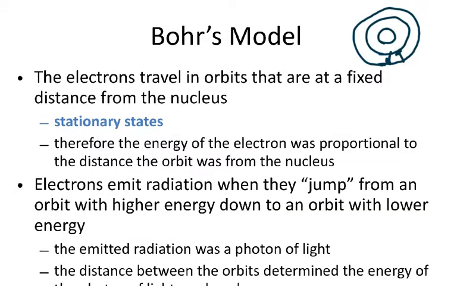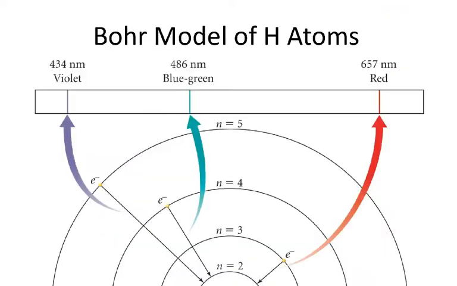So electrons have these quantized amounts of energy. They can jump up in energy and then back down. The jumping up in energy is from an external source. When they go back down, they emit a photon of light with a certain amount of energy relating to the distance between the energies.